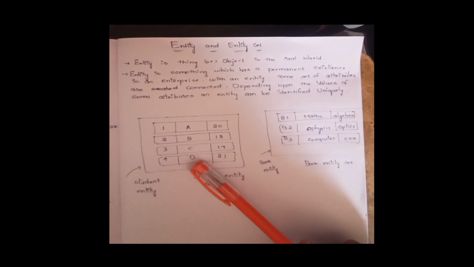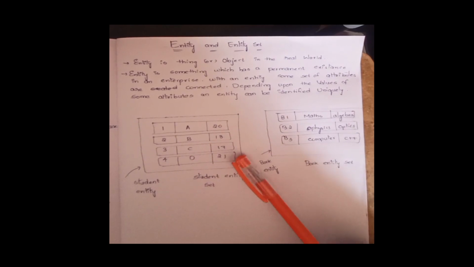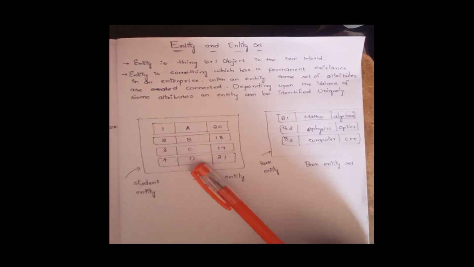What is it containing? It is containing the student roll number, the student name, and the student age. So this roll number, this name, and this age are three attributes. These are the attribute names, these are the roll number, name, and age.